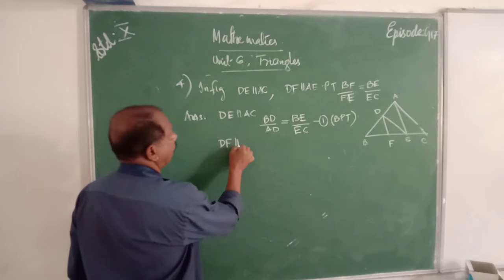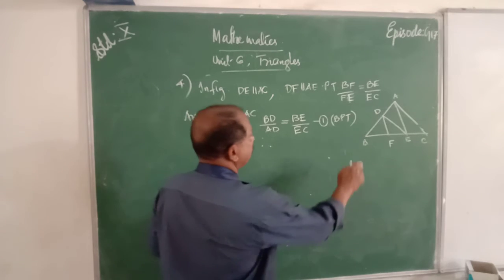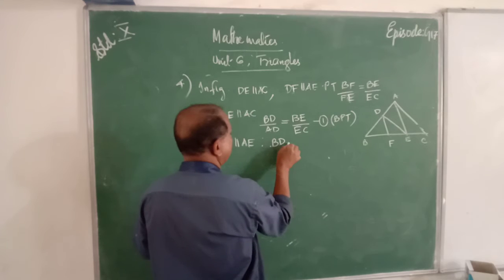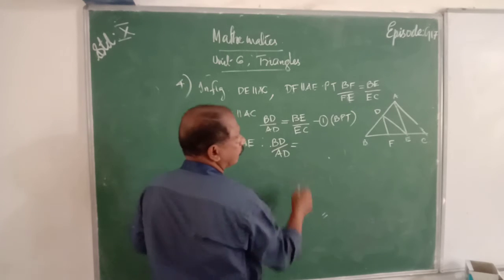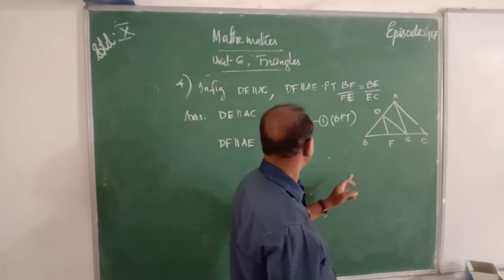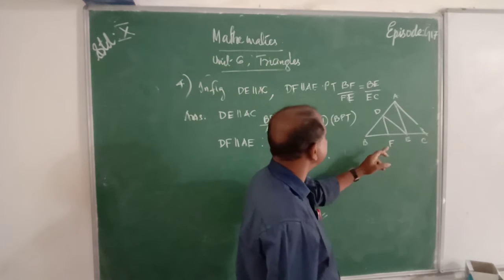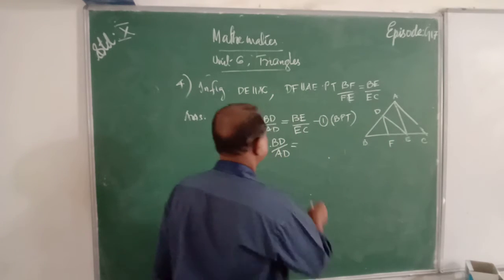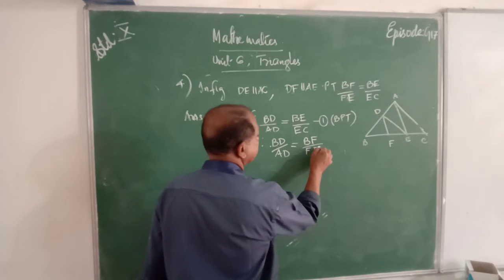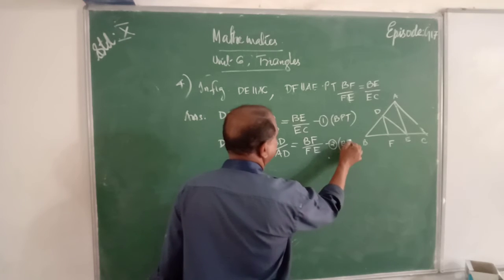DF parallel to AE. Therefore, BD by AD is equal to BF by FE. That is number 2, also the basic proportionality theorem.